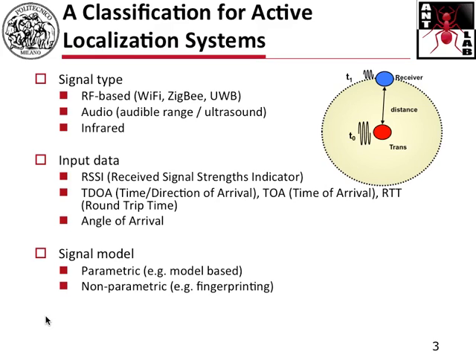Right, because you need synchronization. You need the sender to be synchronous with the receiver, which means that the client who is going around with this piece of hardware needs to have the same clock as the sender, which is somewhere in the environment. This is doable, obviously, but these things are more expensive. And plus, they have some drawbacks, which we'll see next.